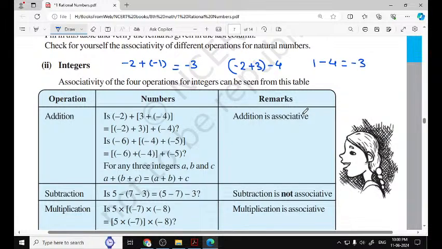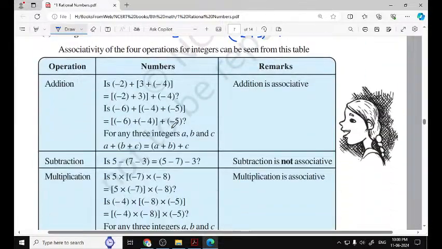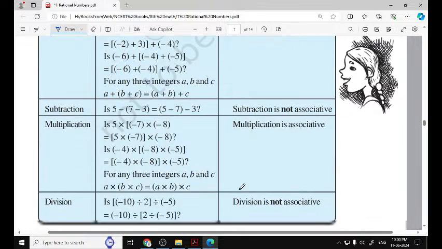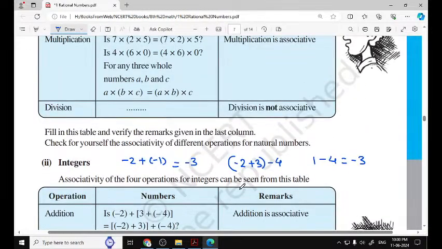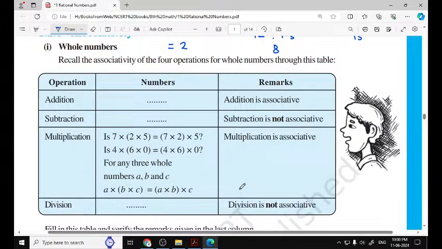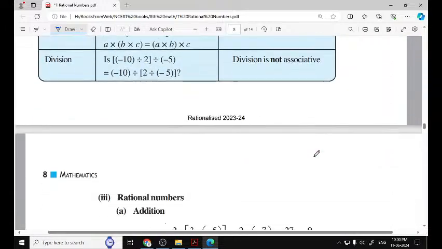So addition is associative. Similar to the above table, subtraction of integers is not associative. Multiplication is associative and division is not associative. So for whole numbers and integers, the results are the same. Addition and multiplication are associative, and subtraction and division are not associative.